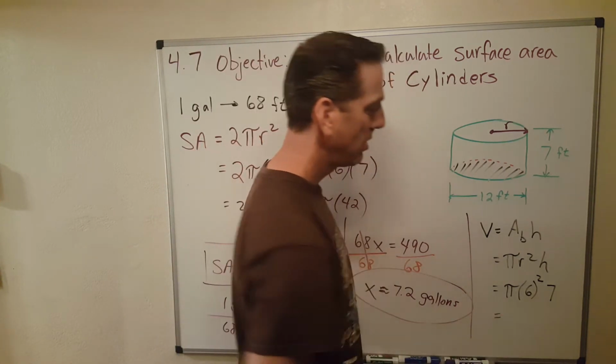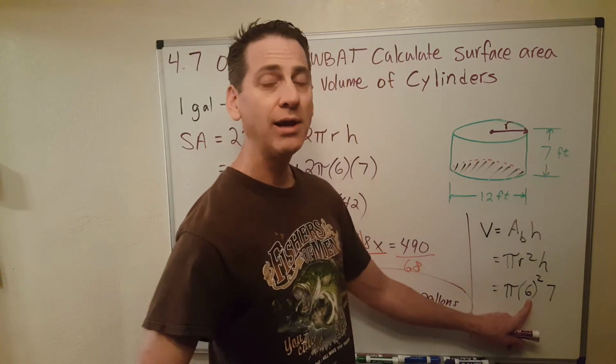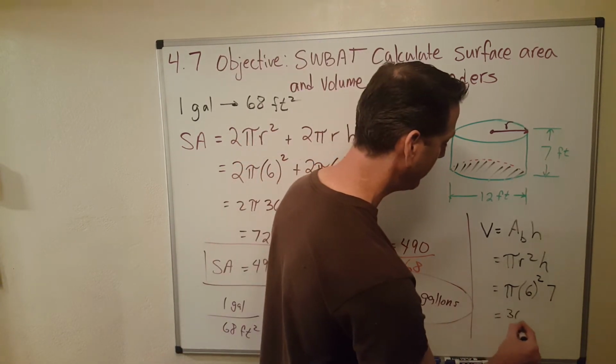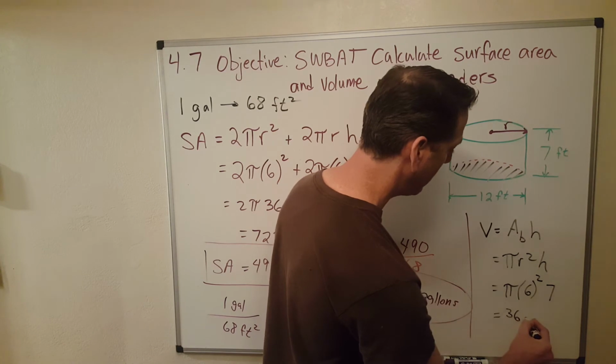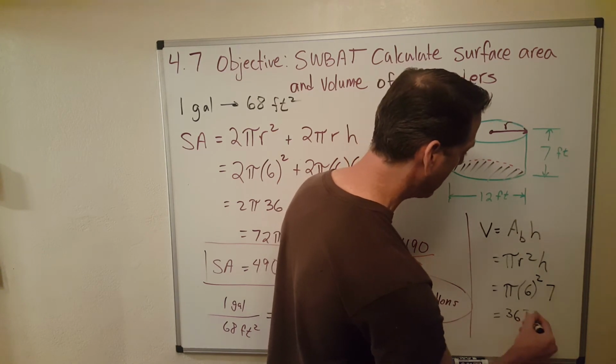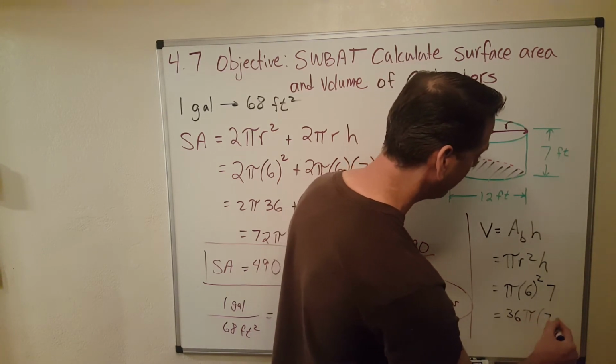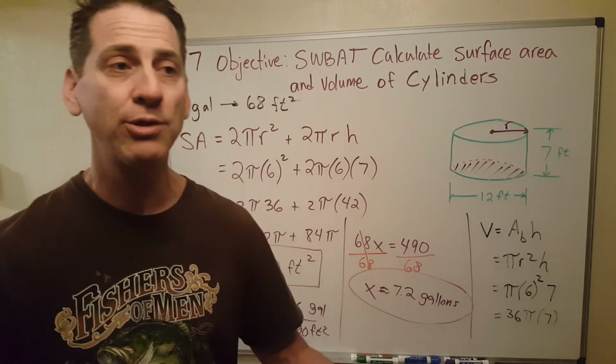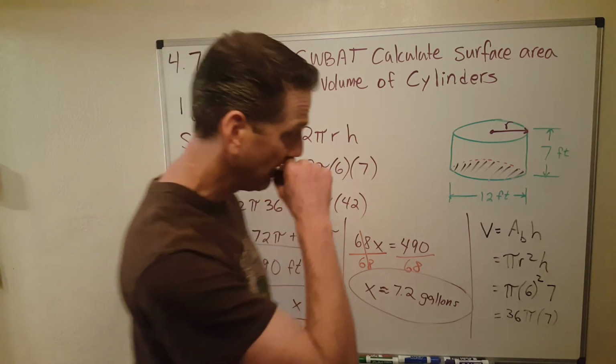All right. Now, order of operations, we got to do the exponents first. 6 times 6, 36, pi times 7. I kind of put them out of order, but the order doesn't matter when you're multiplying, right? 3 times 2 is the same as 2 times 3.